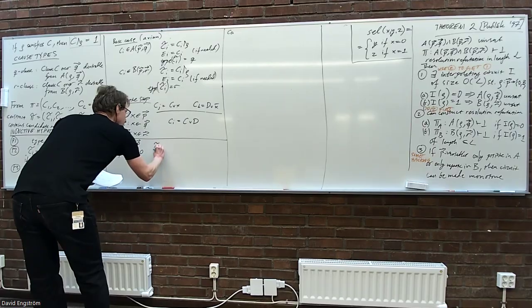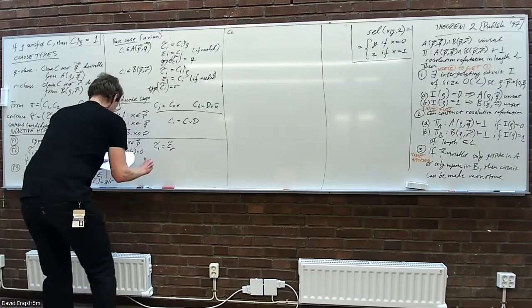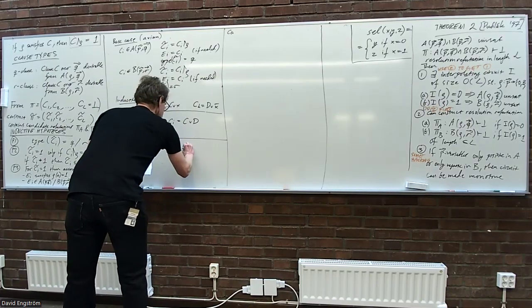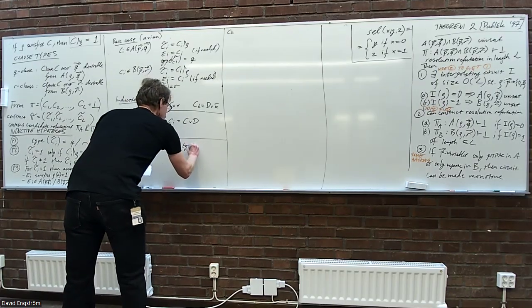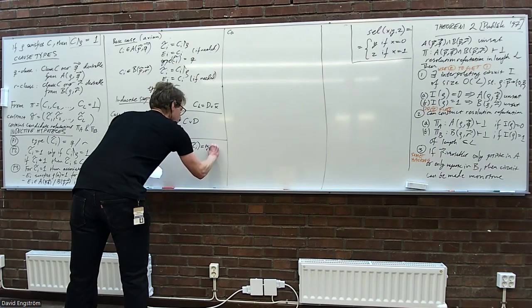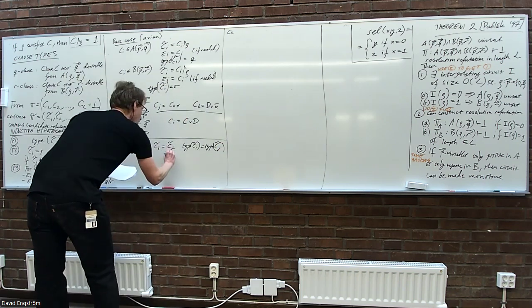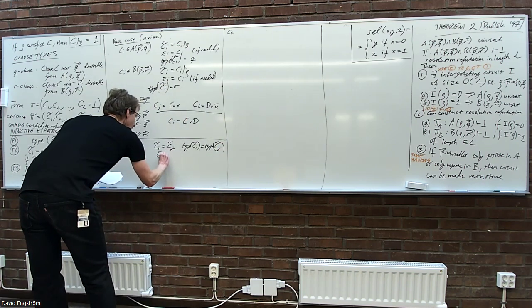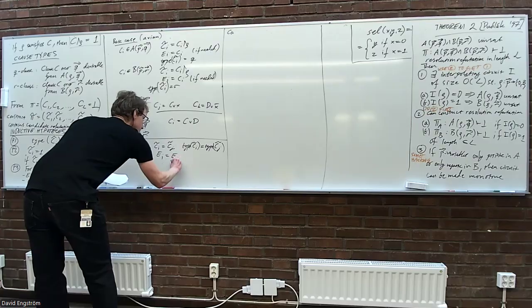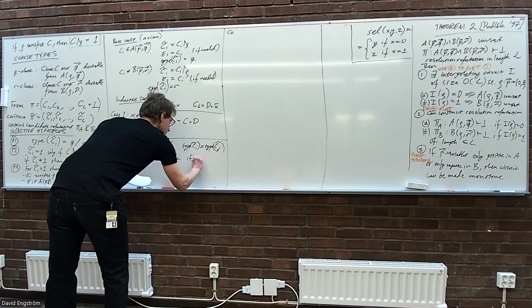And I'll set CI tilde to be CJ tilde. And I will set then also the type to be the same. Type CI tilde is going to be type CJ tilde. And also EI is going to be EJ if needed.